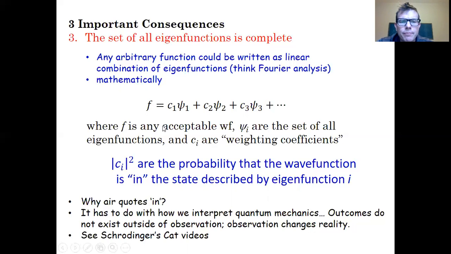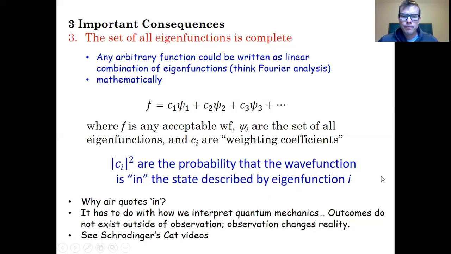Mathematically, we write f, our arbitrary function, is equal to c1 times psi 1 plus c2 times psi 2 plus and so on. F is whatever function, psi sub i are the set of all eigenfunctions, and c sub i are the weighting coefficients.